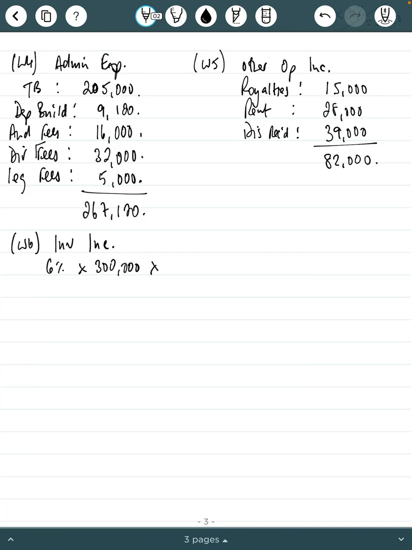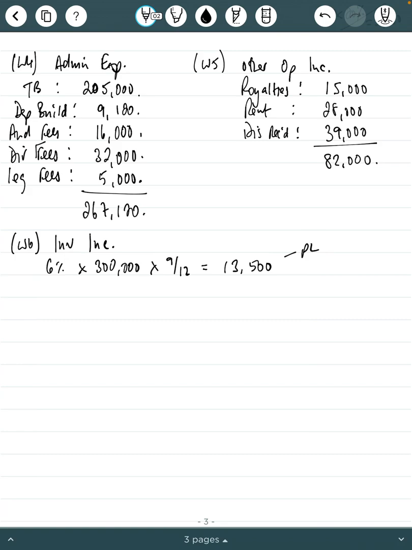But we only had this investment because we got it on the 1st of the 4th, so we only had it for 9 months, so it's 9 over 12. Doing that out there, lads, you get 13,500. That's the figure that we're going to bring to our P&L.